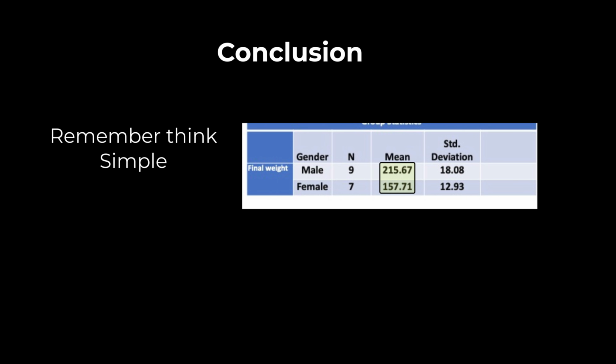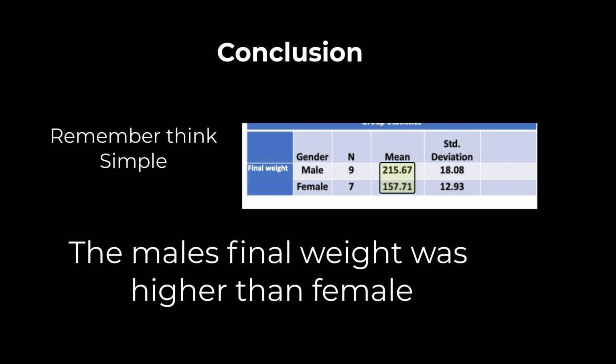So very simply, we look at the two means, 215.67 and 157.71, and we create an extremely simple answer: the male's final weight was higher than the female's. That's it. You're not to delve into anything else or go any deeper. It's what it is as you're looking at the numbers.